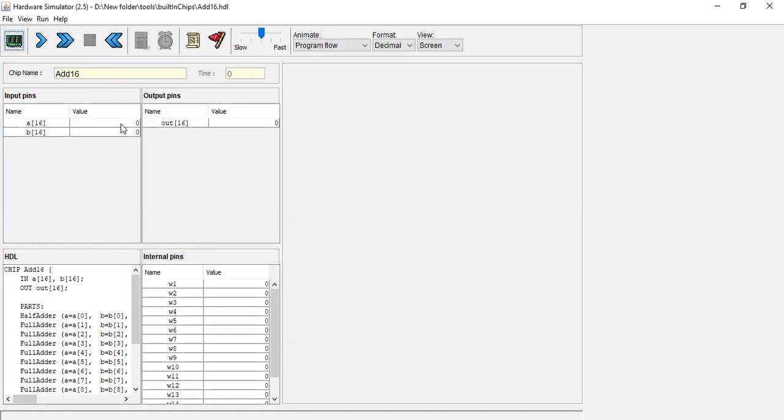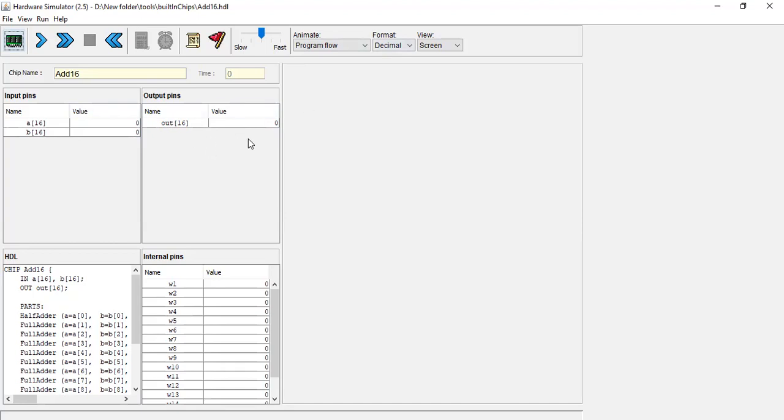This would accept 16-bit inputs. I'm not sure if you have tried or explored the hardware simulator, but the input here can be decimal or binary.